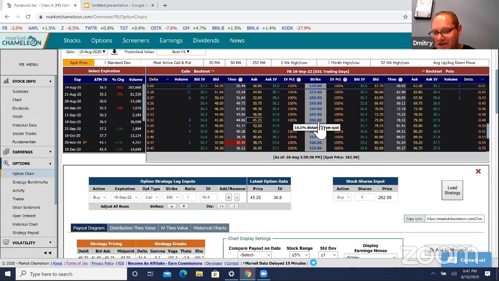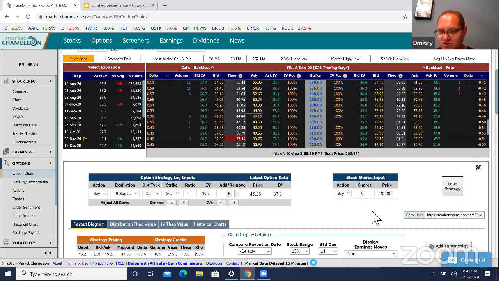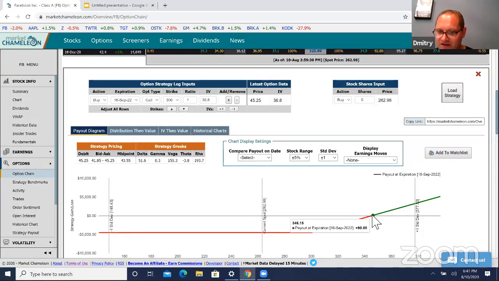To cover that, the price of the house would have to go above 230 to cover the $5,000 option that I paid. So 45.25, that's what this is showing you. After it goes above 45.25, you're making money one for one with the stock. So the higher it goes, the more money you will be making on that call, right?